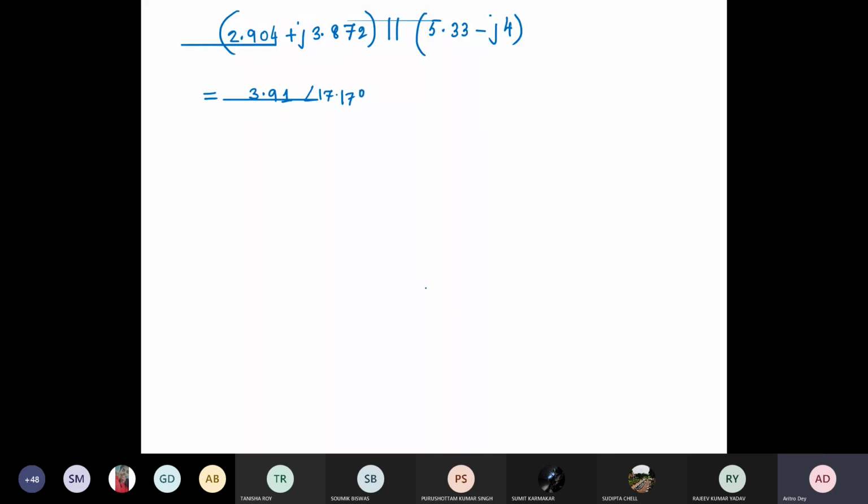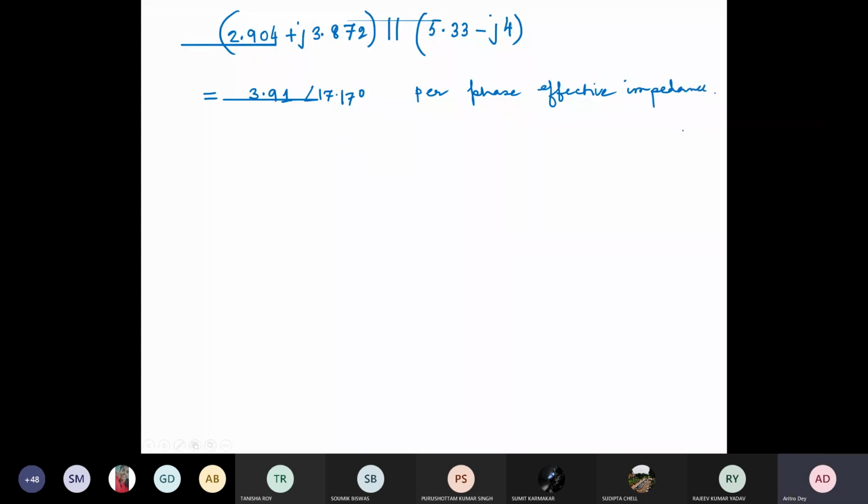So this you get. Now this is your effective per phase impedance.